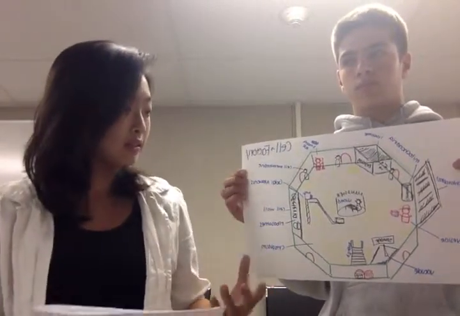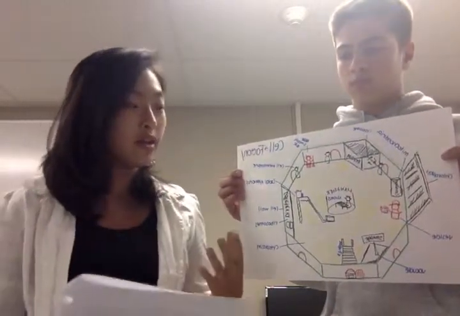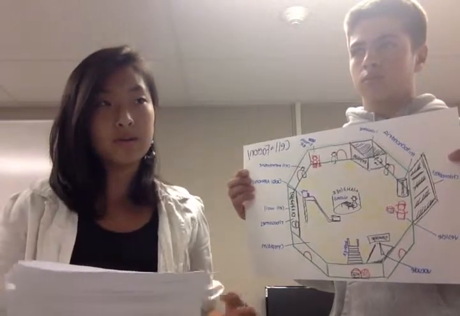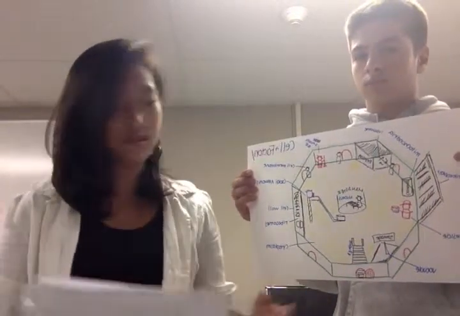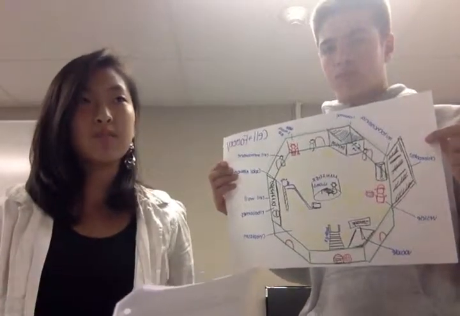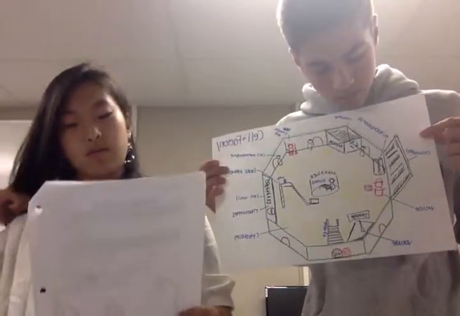Also, a vesicle in a cell acts as a delivery worker in a factory. A vesicle brings different proteins and lipids to different parts of the cells and just carries what's needed.